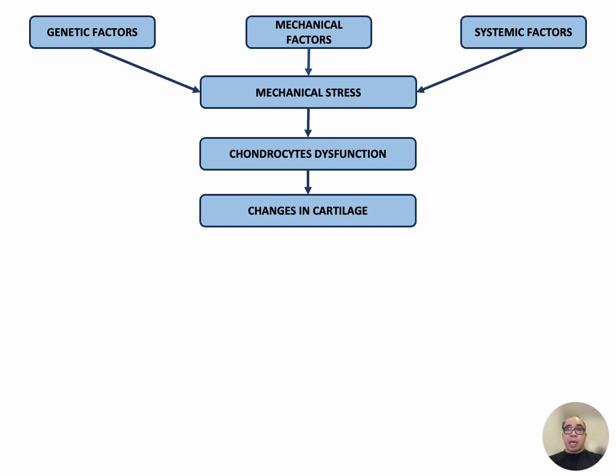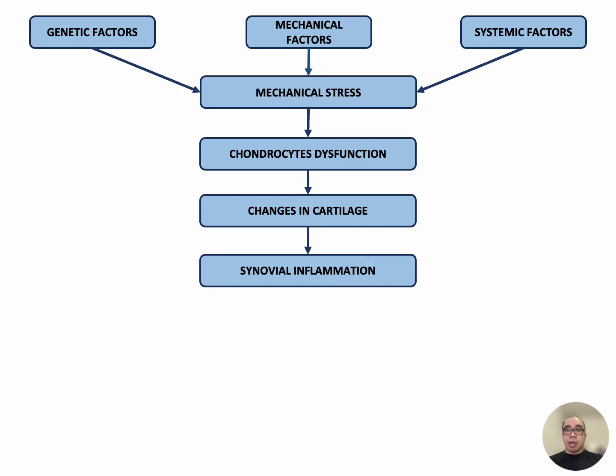With the disruption of the extracellular matrix, synovial inflammation develops. Inflammatory mediators such as cytokines, chemokines, adipokines, and neuropeptides are released into the synovial fluid, leading to synovial inflammation. These inflammatory molecules can further damage the cartilage.